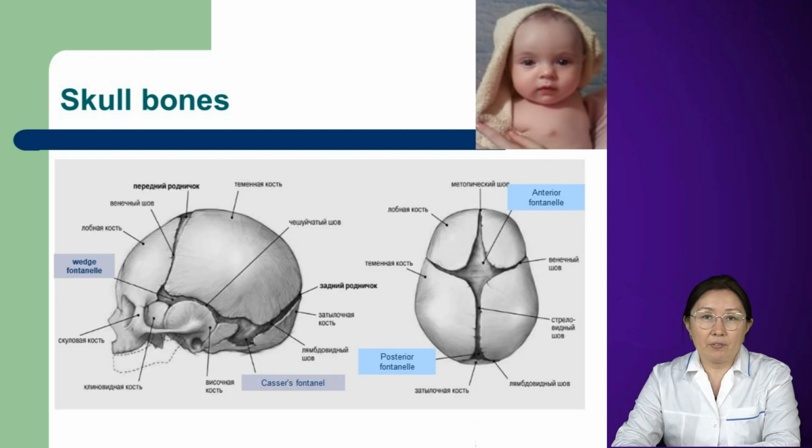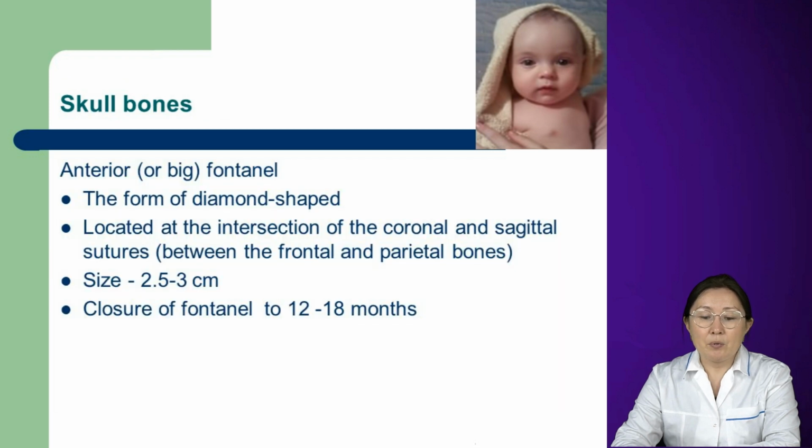The anterior or big fontanelle is diamond-shaped, located at the intersection of the coronal and the sagittal sutures, between the frontal and the parietal bones. Size from 2.5 to 3 centimeters.